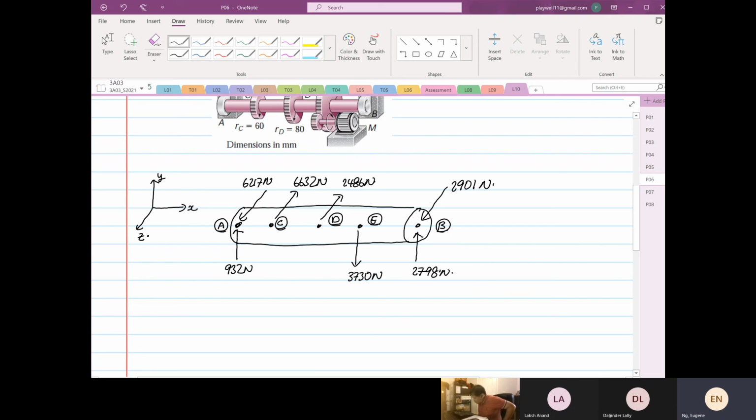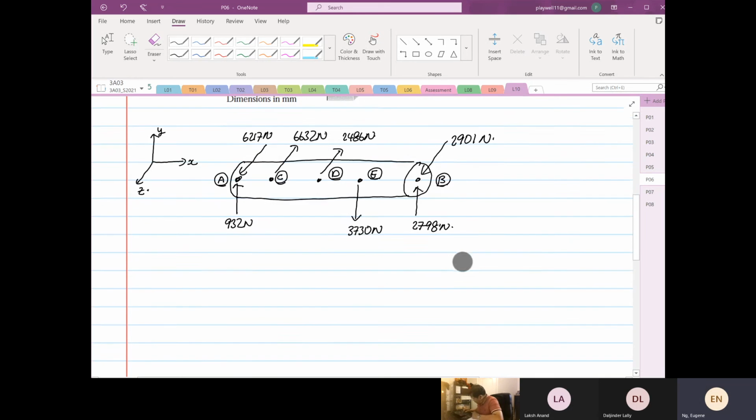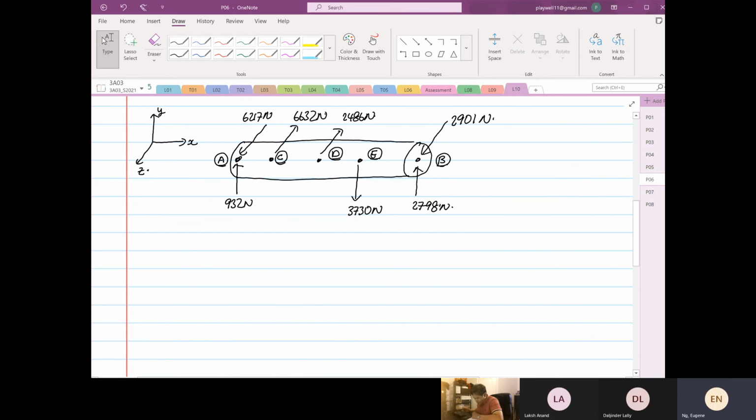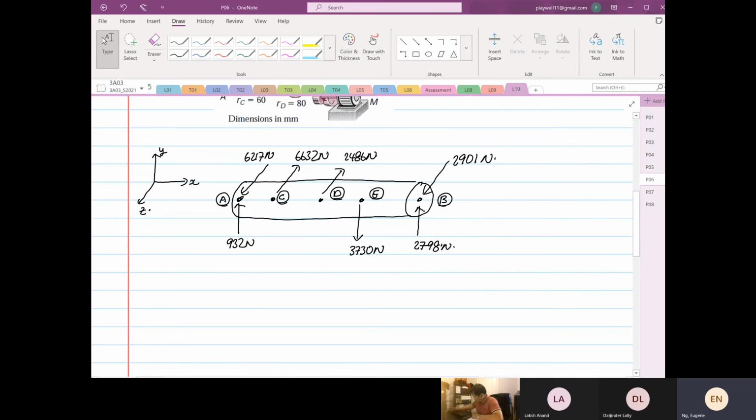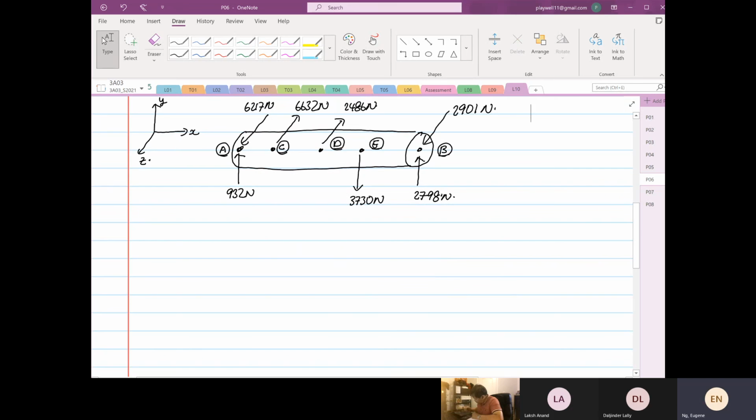So we are going to do moment in the Z direction first. We're going to draw bending moment diagrams. Basically we're going to construct the bending moment diagram. We are going to focus on MZ now. Let me copy this.